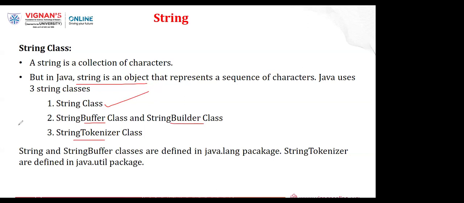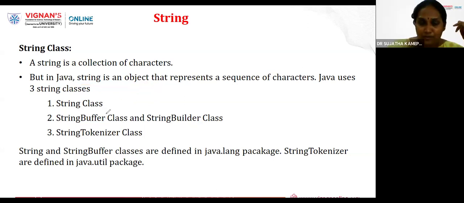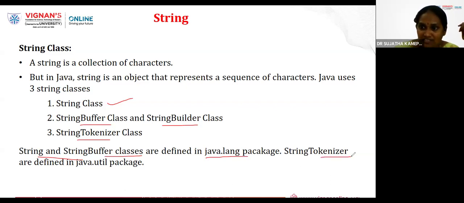Yes, ma'am. Okay, right. Now here we can use three classes in Java for the representation of strings: the String class, the StringBuffer and StringBuilder classes, and the StringTokenizer class. Here you can see the String, StringBuffer and StringBuilder classes are present in the java.lang package, whereas the StringTokenizer class is defined in the java.util package. All these are predefined classes.